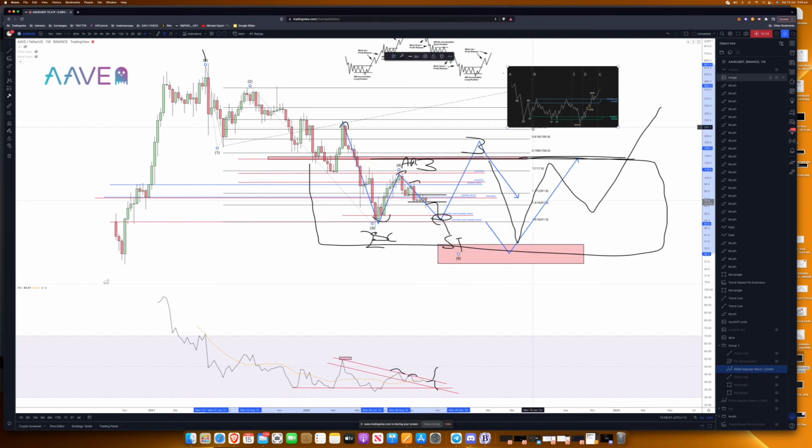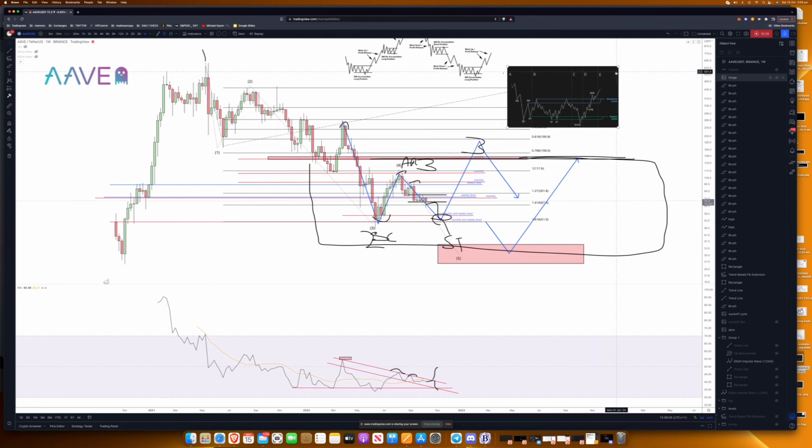We get our secondary test. We have this midsection again, and it could be slightly same or higher to that neckline, and then we come back down for ABC correction, and then we have this big chunk moving up. So worst case scenario, we can go down to $20 or so. That's my thinking at the moment from a macro perspective.